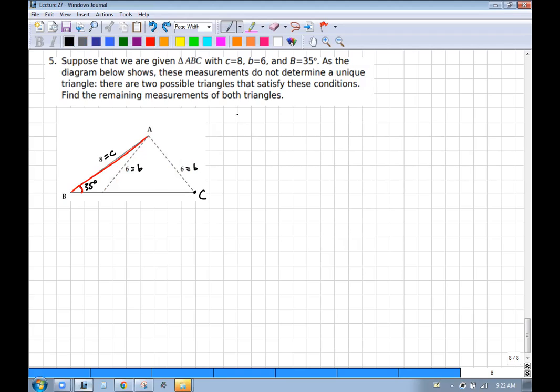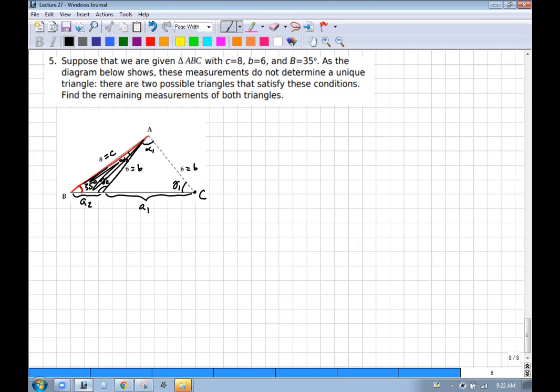Let's write down what we have. This would be A2. This would be A1. This would be gamma 1. This would be gamma 2. B is the same either way. This would be alpha 1. This would be alpha 2.